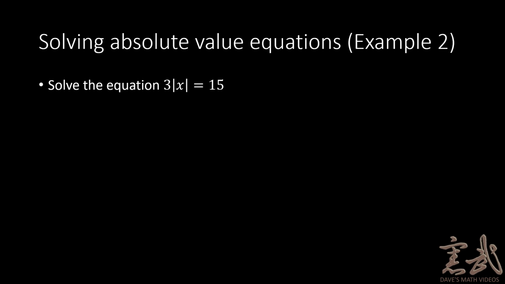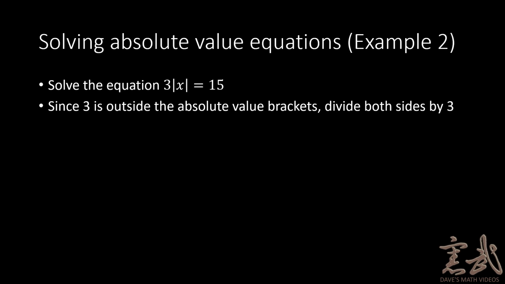Let's take a look at another example. So we want to solve the equation 3 times the absolute value of x is equal to 15. We should notice here that since the 3 is outside the absolute value brackets, we must first divide both sides by 3.